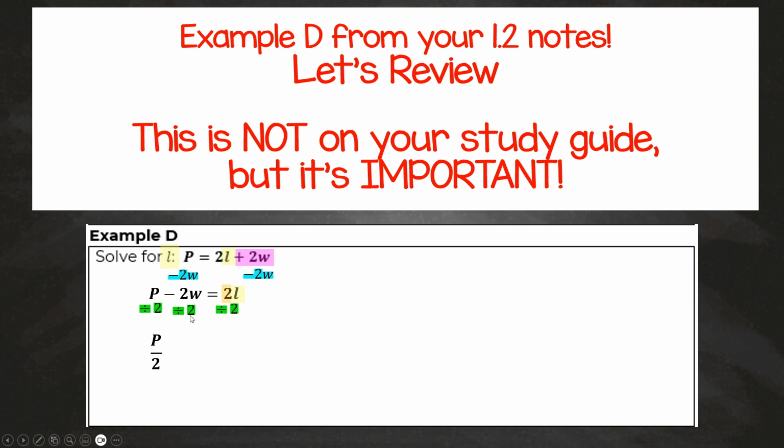Negative 2W divided by 2 is going to be negative W. And 2 divided by 2 is 1, so that's just equal to L. So this here would be our final answer: L is equal to P over 2 minus W. This is your most simplified answer, and these would be the type of answer choices that you might see on your test.